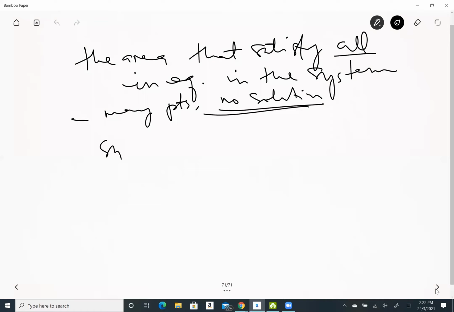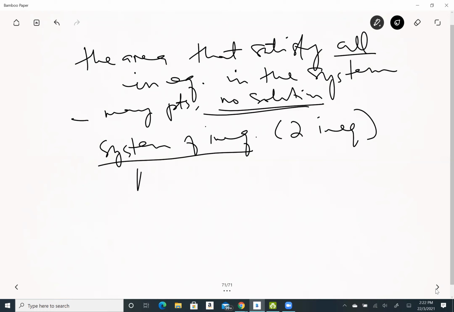So a system of inequalities will be something like this. Let's say I have two inequalities. Of course, it can be more. You have a1x plus b1y bigger or equal to c1, that is number one.